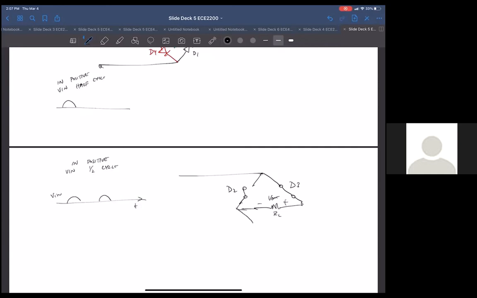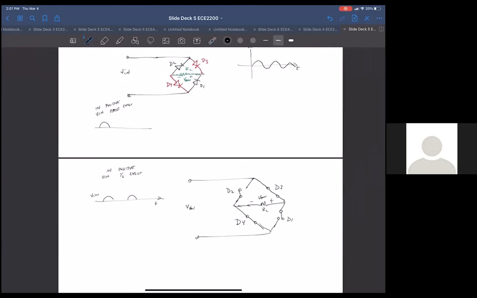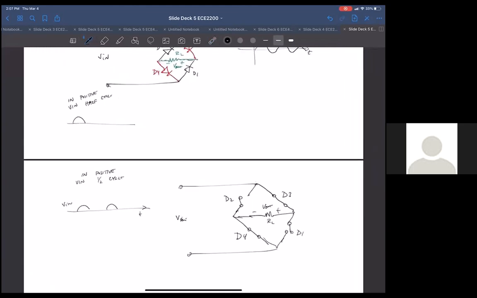D4 also turns on. This is just for the positive Vin half cycles. And D1 is off. Now, remember that V out is defined just across this resistor.